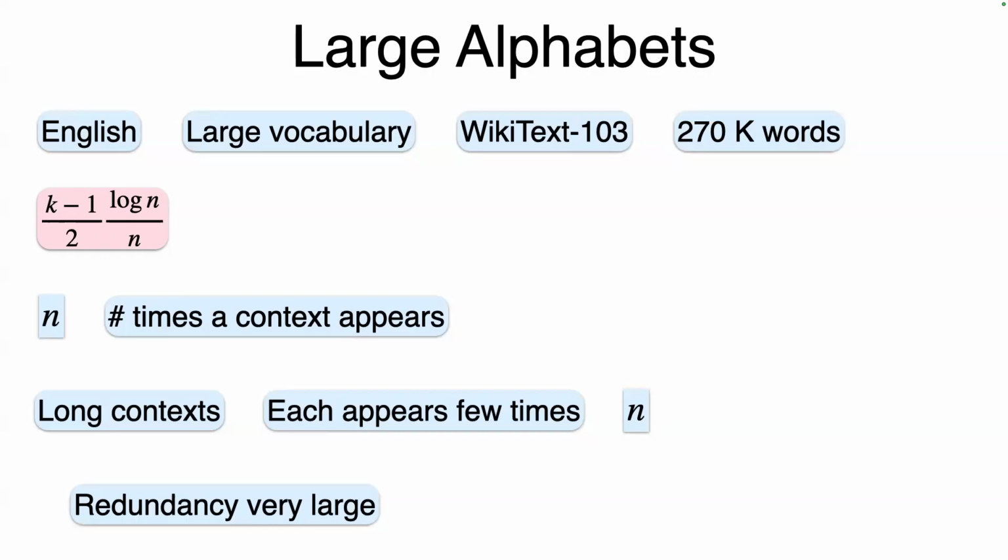Instead of comparing ourselves to God, we compare ourselves to a genie that knows more than we do, but not as much as God. And we showed that compared to the genie, you can achieve diminishing redundancy no matter what the alphabet size is. But that's not what we're discussing today.